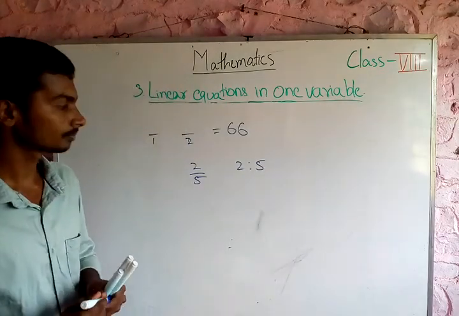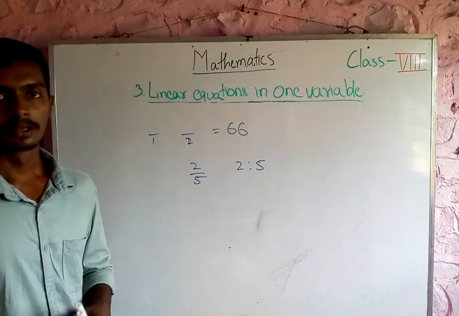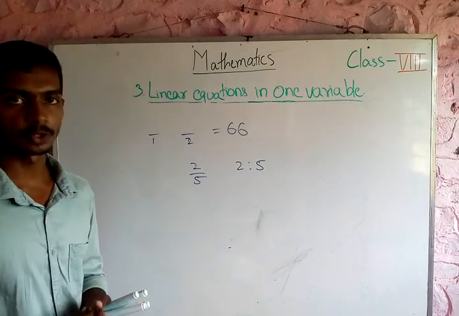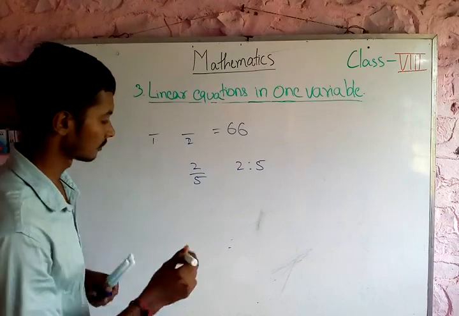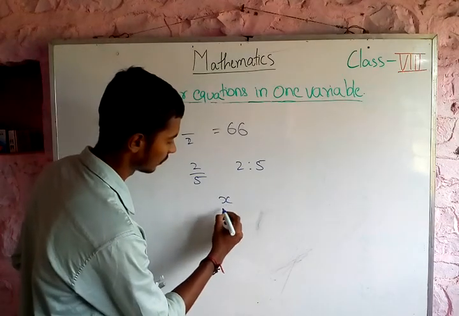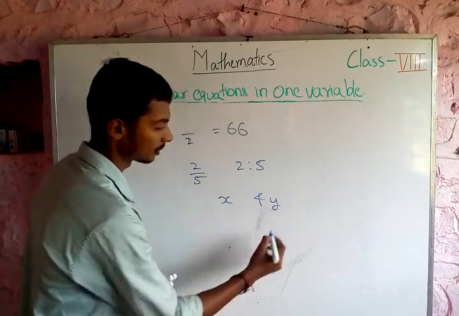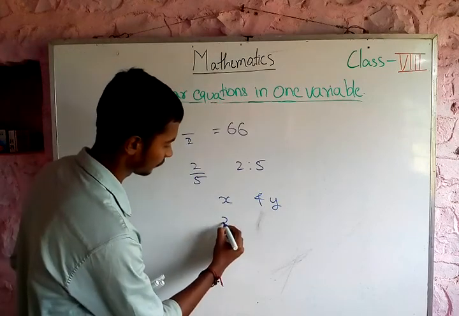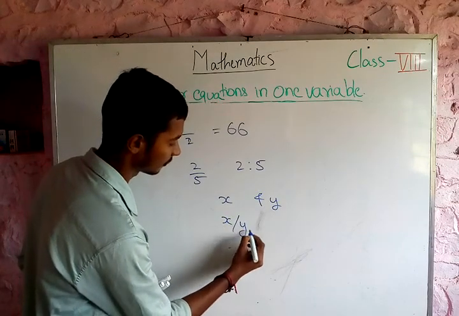Now see here how you will find the ratio of any two numbers. If you have numbers like x and y, the ratio is found this way, x by y.